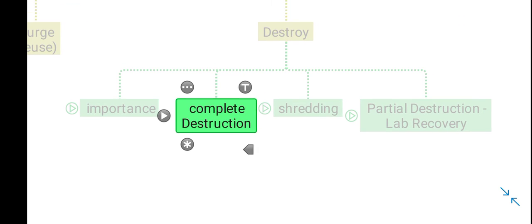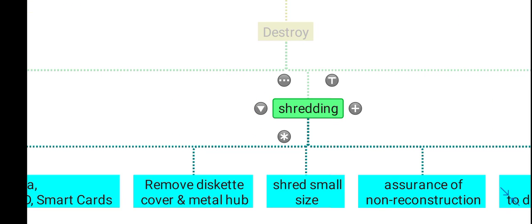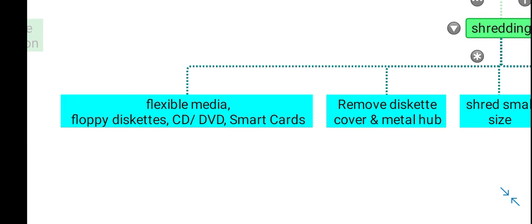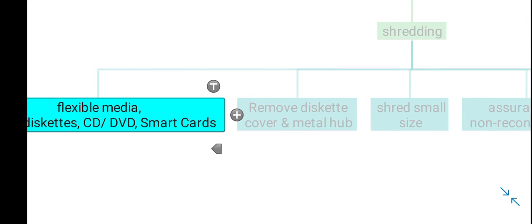Then there is shredding. Shredding is mostly used for flexible media like floppy disks, CDs, DVDs, or smart cards.